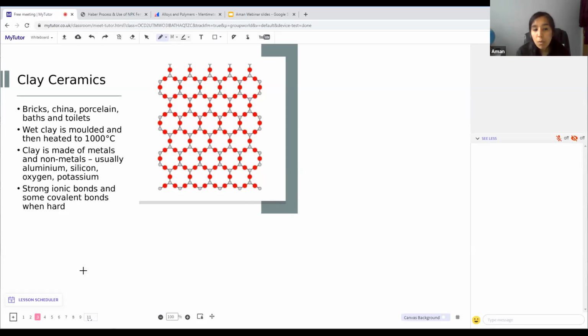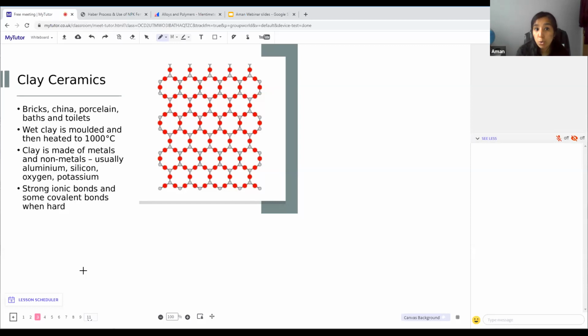And what happens is when we add water to clay ceramics, that bonding gets disrupted. And so the structure isn't as tough. So you'll know that ionic and covalent bonds are really hard. You need a lot of energy to be able to overcome them. But when we add water to clay ceramics, those bonds are not as strong anymore. And that allows that structure to be made into other things.